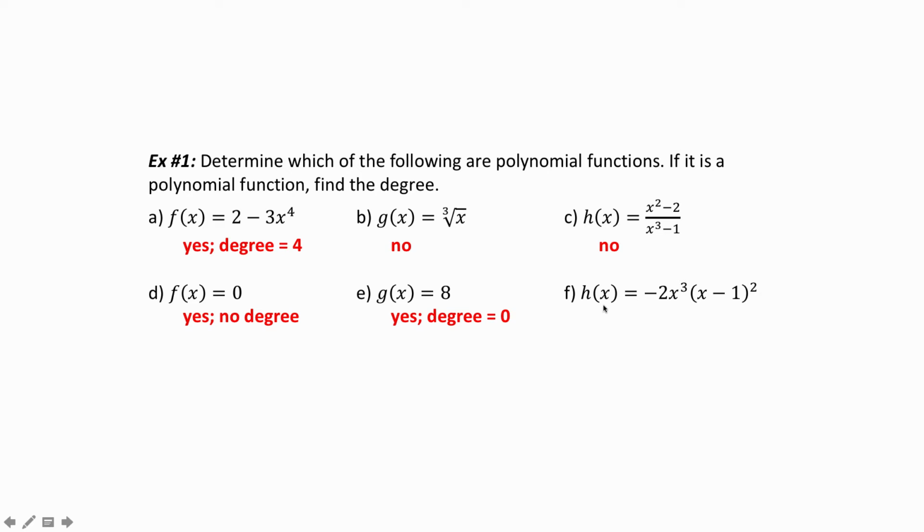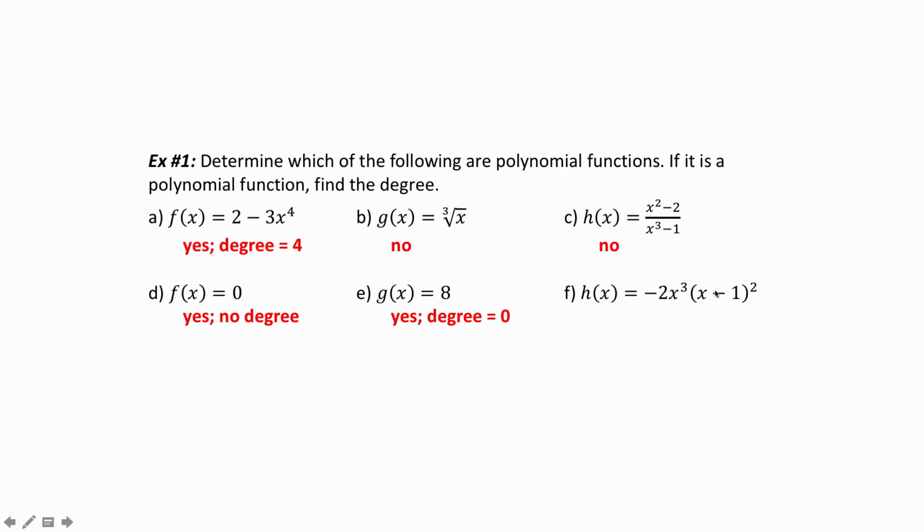And the last one, F, is h of x a polynomial function? It is, because we have x to the 3rd power and this quantity to the 2nd power. It's going to give us non-negative integer exponents, but now we need to talk about its degree. Well, imagine if you took this quantity x minus 1 and squared it, so you FOILed it out. The highest power that you would get from this being FOILed is an x squared.